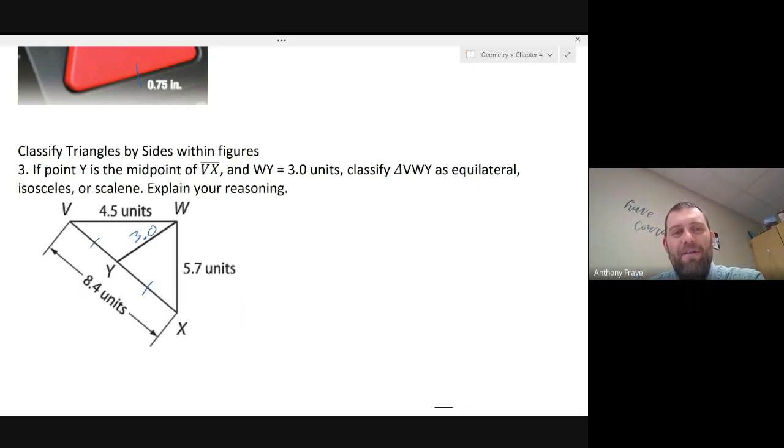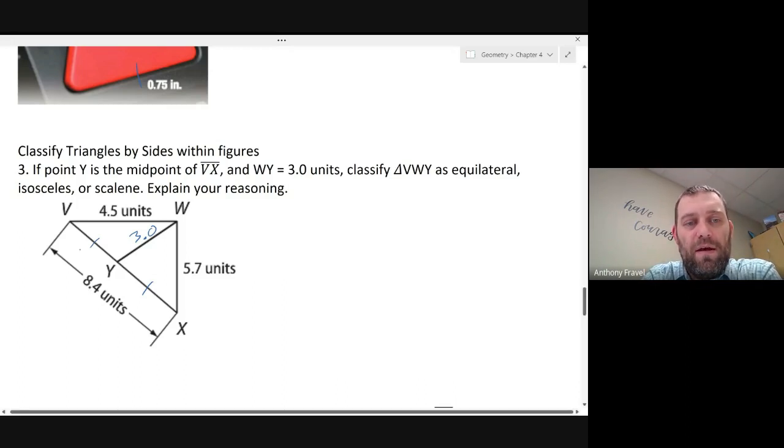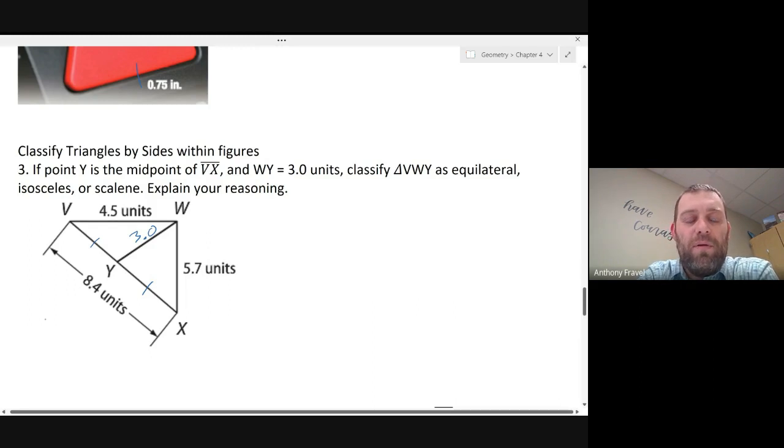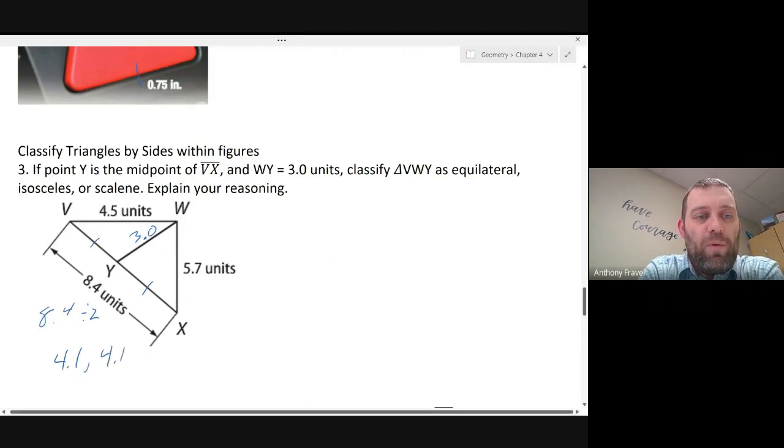Okay, I've got 3 of the measures, but I do need to know what this on the bottom is. The entire thing is 8.4, and if that's the midpoint, that tells me that both sides are going to be exactly the same. So I can take 8.4 and divide that by 2, and that lets me know that each side of that is going to be 4.1, and the other one's going to be 4.1. So I've got 4.1 there, 4.1 there. I've got all my numbers.